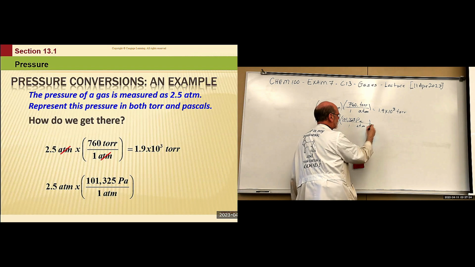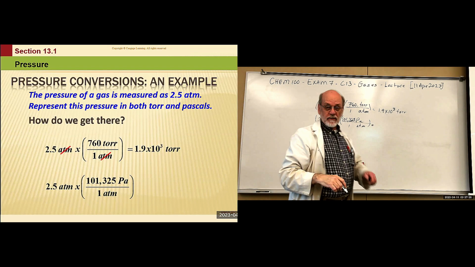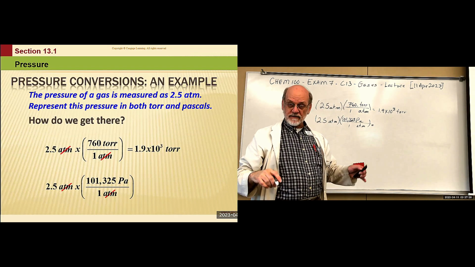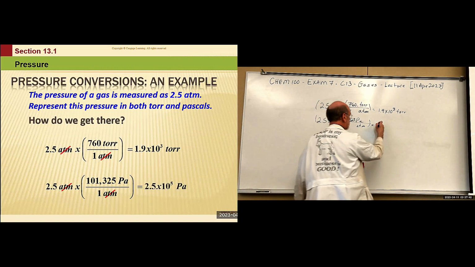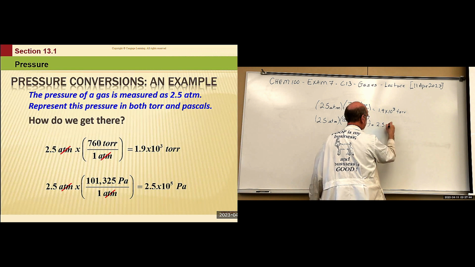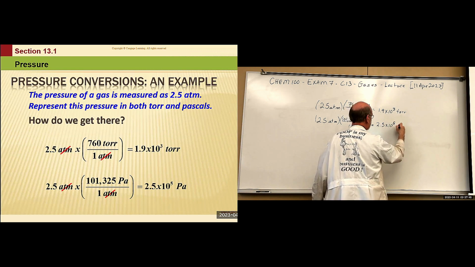There we go. So we multiply that out, cancel our units, and we get 2.5 times 10 to the 5th pascals.